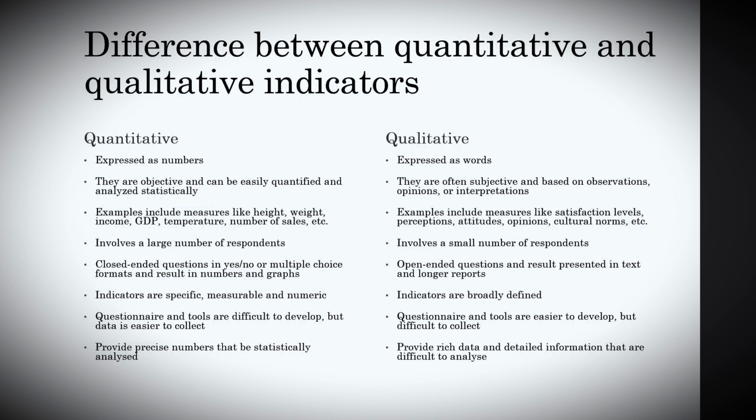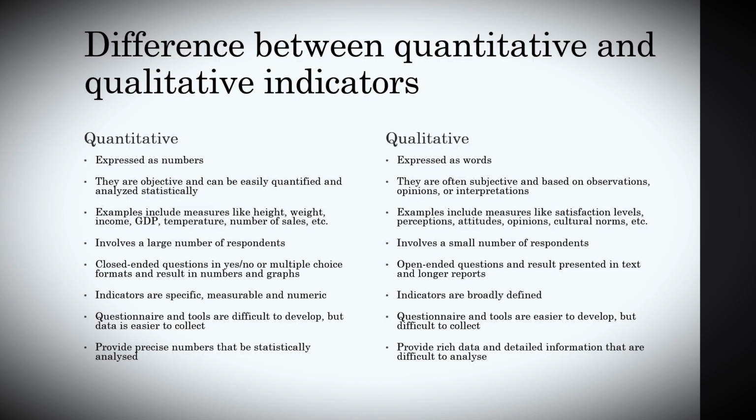Quantitative indicators mostly use closed-ended questions, which have yes or no or multiple choice format, and they mostly result in numbers or graphs. While qualitative uses open-ended questions, and the result is presented in text and longer reports.